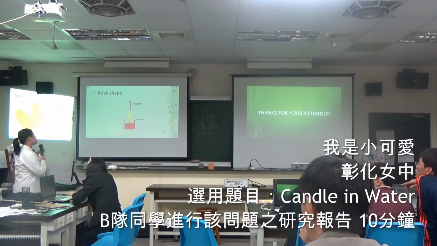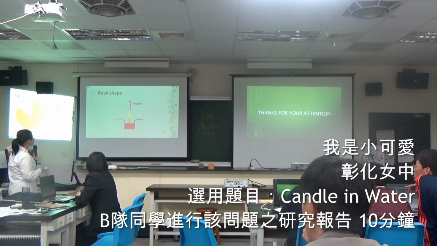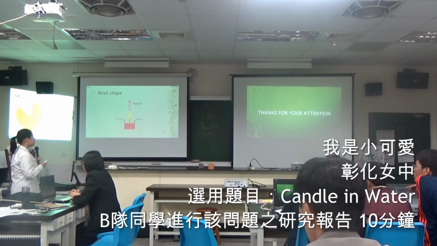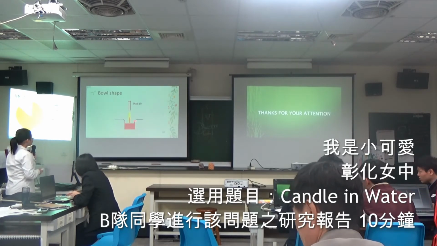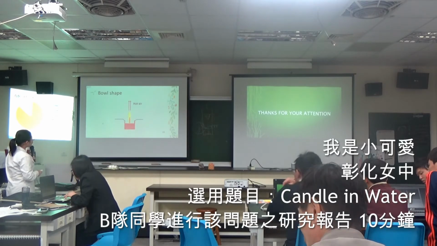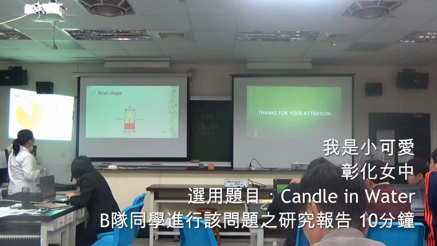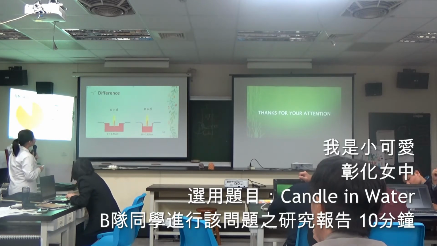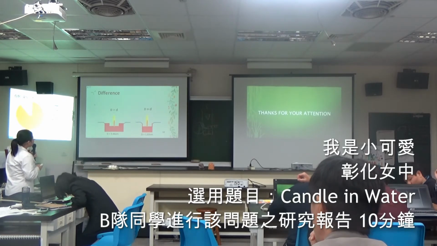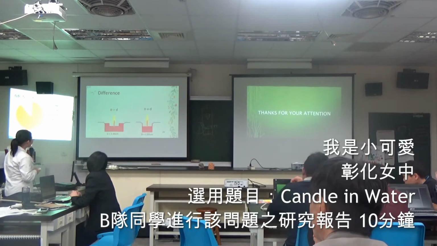And we found that the bowl shape was different between the bigger diameter and the smaller diameter, because the fire will make this side burn. We define the diameter of the candle as big D, and the diameter of the bowl shape as small d.